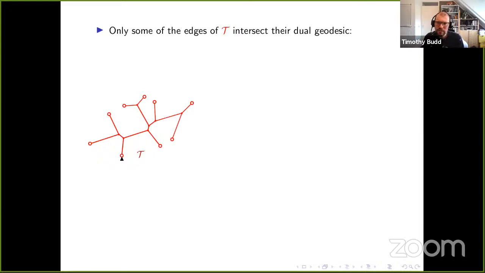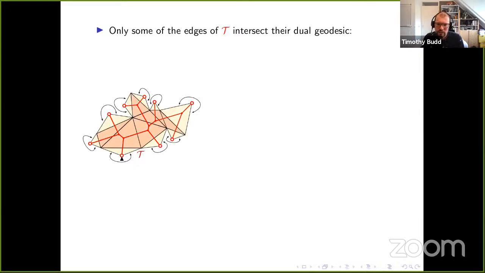And the answer is yes. So how can one do this? Well, we notice that these trees are dual to the triangulation of the surface, which is graphically represented here. But there are some places where we can naturally dissect the surface. Namely, we can dissect the surface at the dual geodesics that intersect their respective edges in the red tree.